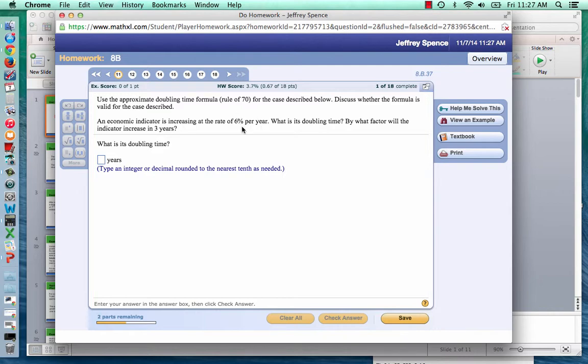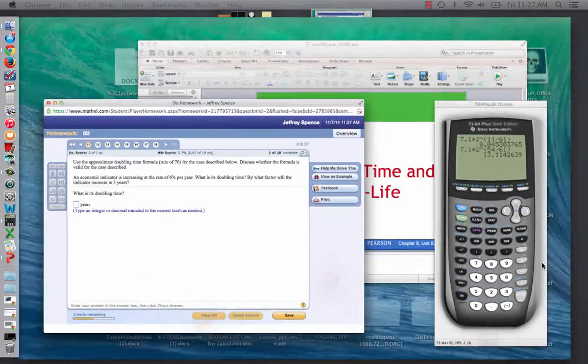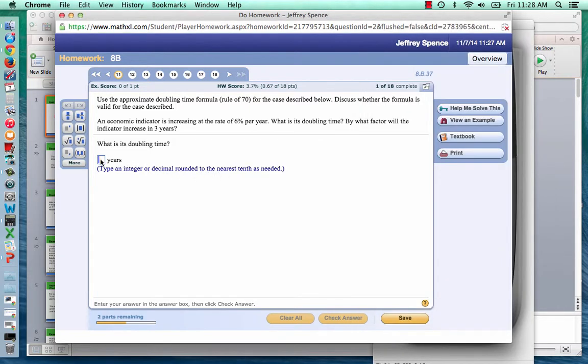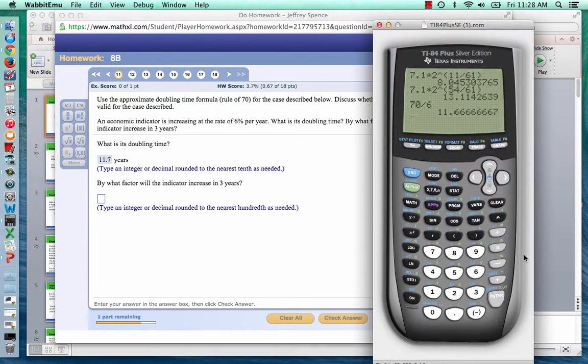So what is the doubling time? We take 70 divided by 6. This is the only time we actually don't convert the percent into a decimal, and it's 11.66. Let me just make sure that decimal is rounded to the nearest tenth. So its doubling time should be 11.7 years. By what factor will it increase in 3 years? So that means I don't have a starting value, so I just take the starting value as 1.